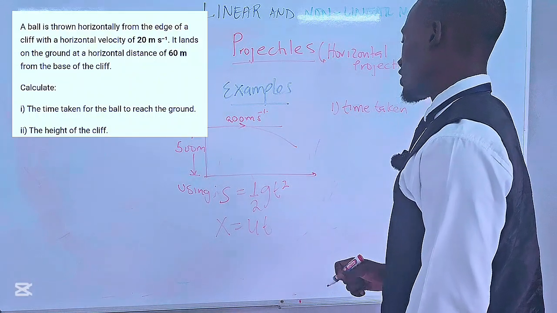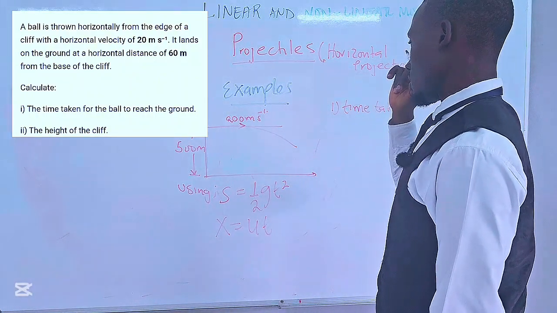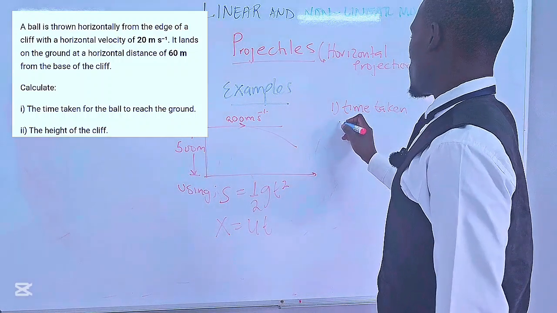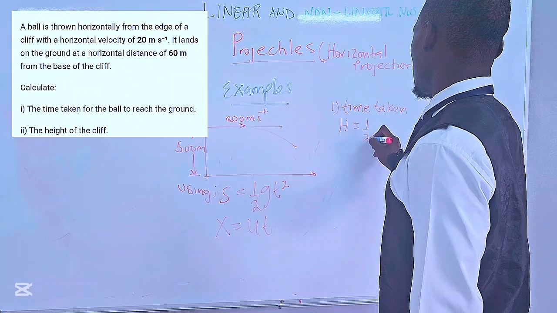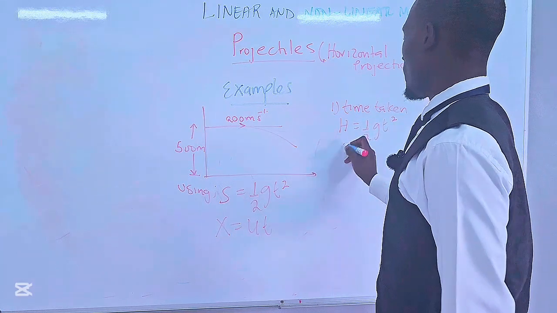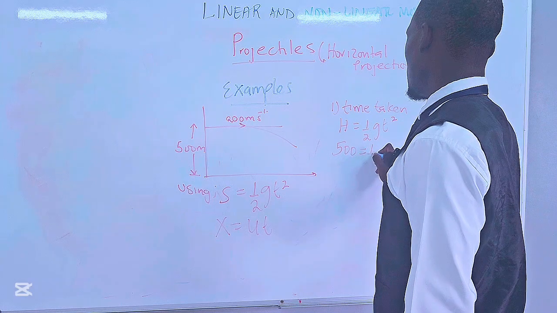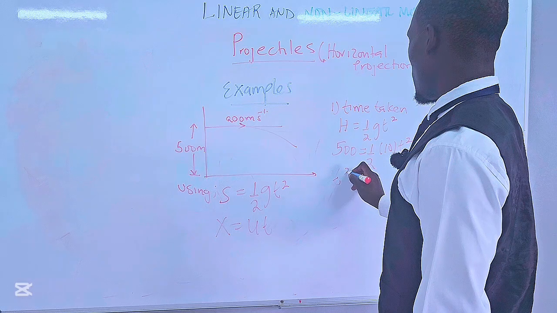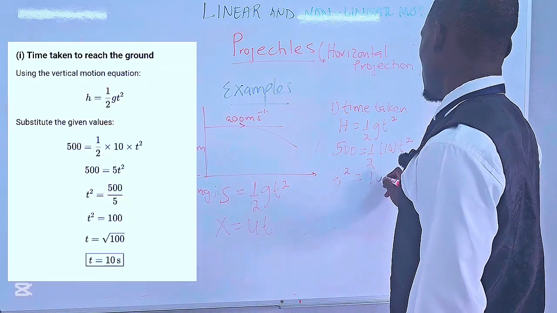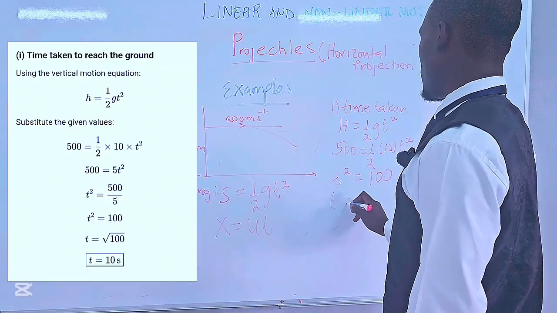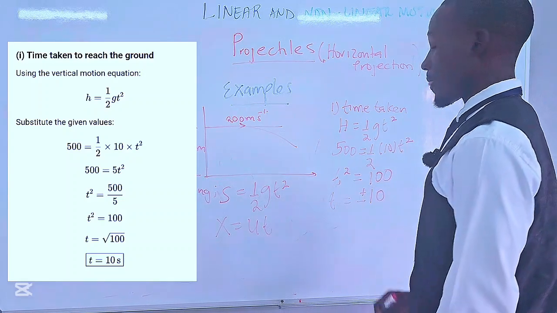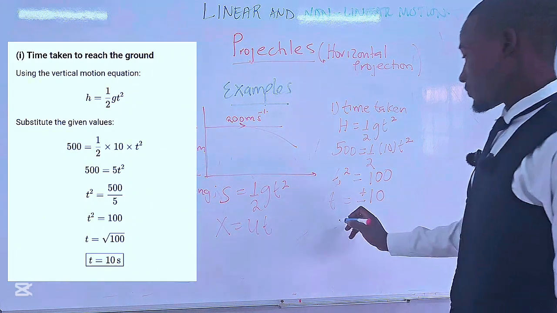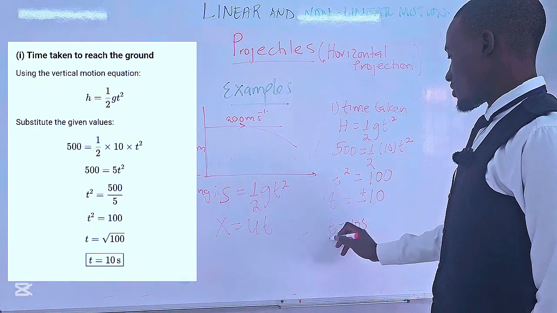So for the time taken, let's use the first equation because we have the displacement already. So this is the height, ½gt². My height is 500, is a half times 10 times t squared. This becomes t squared is equal to 100. And then time becomes plus or minus 10. But since time is a scalar quantity, we are going to take the positive value. Time is 10 seconds.